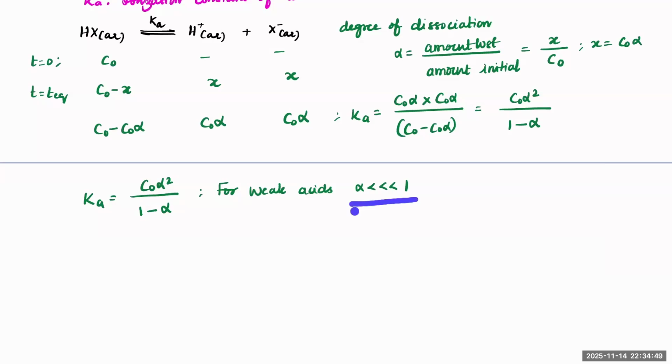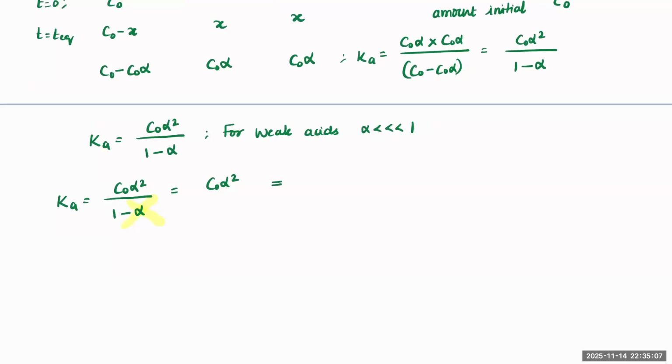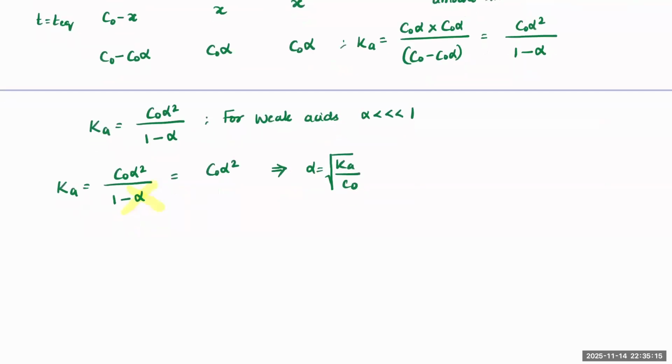So in such a case, we can ignore this alpha value in front of one, since it will be smaller. So we can write Ka equals C naught alpha square, which implies alpha is equal to the square root of Ka by C naught.